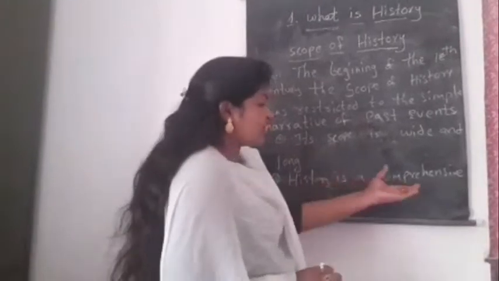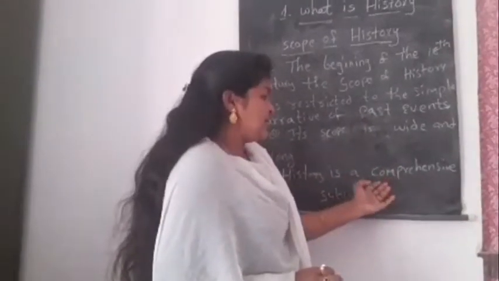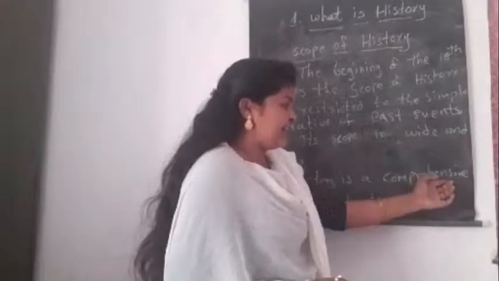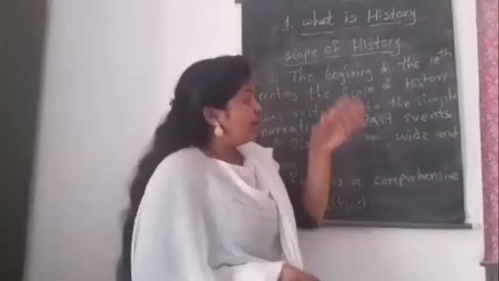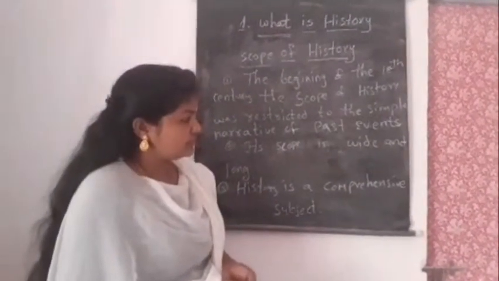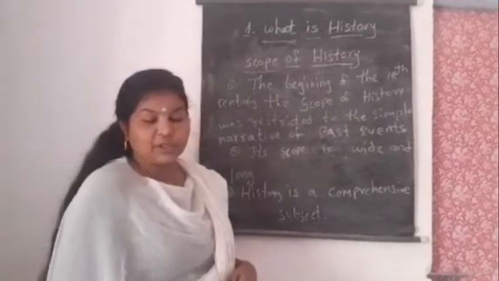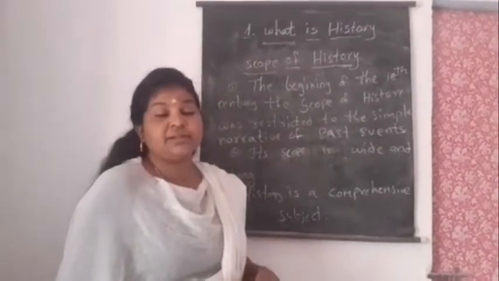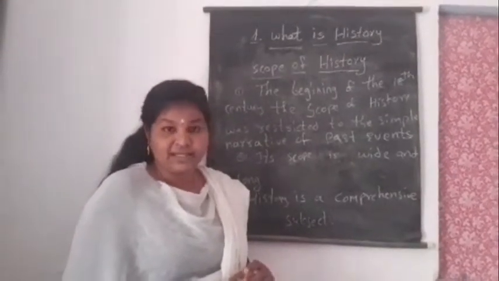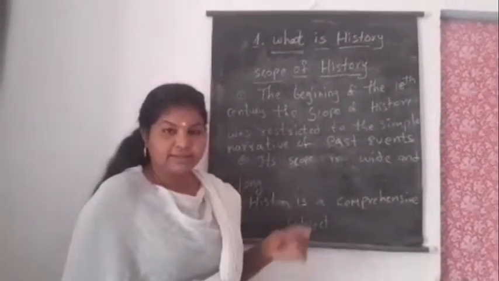Third one, history is a comprehensive, spelling COMPREHENSIVE. Okay, wrote these points. Fourth subtopic name is relationship with other subjects. Clear?